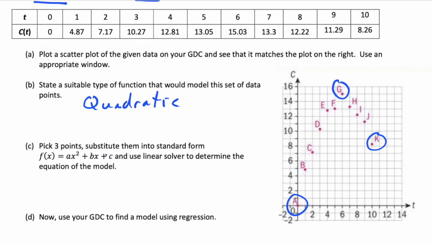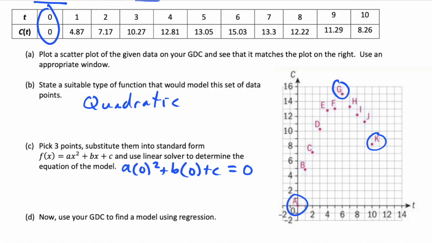And we can substitute it in here and use our calculator to find A, B, and C. So I'm going to substitute all those points in. The first point is 0, 0, so I can substitute that in for X and Y. I'm going to write A times 0 squared plus B times 0 plus C equals the Y value, which is 0 for the first one.